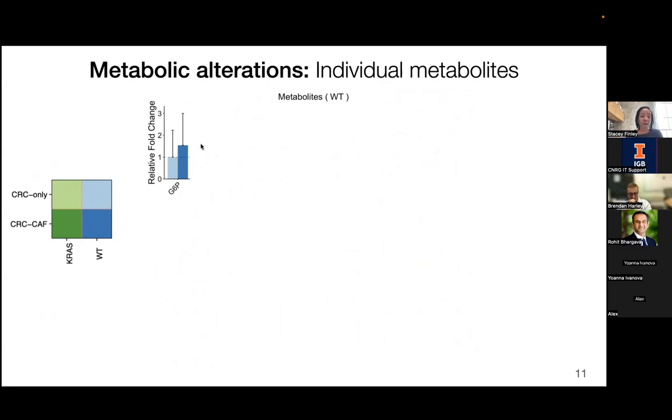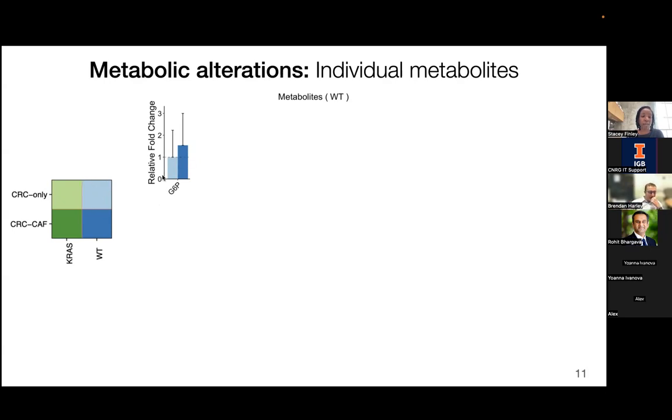So we can look at what is the relative fold change of the metabolite levels. We're always going to normalize them to what's happening in wild type cells with CRC only media. So you'll see this gray dashed line going across that will indicate relative to this particular condition.